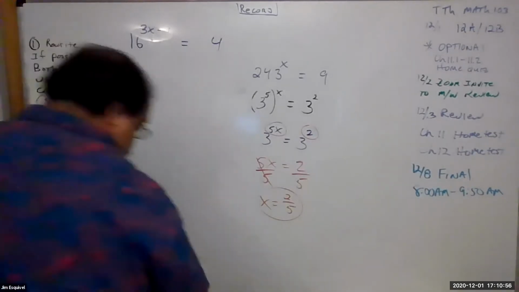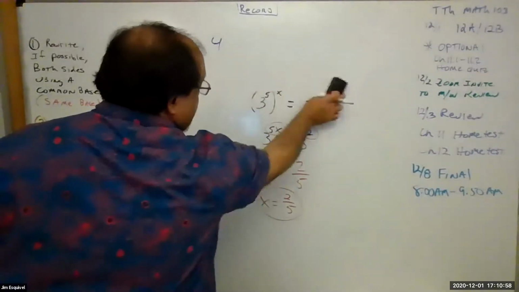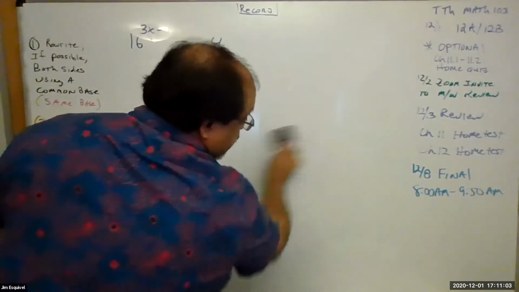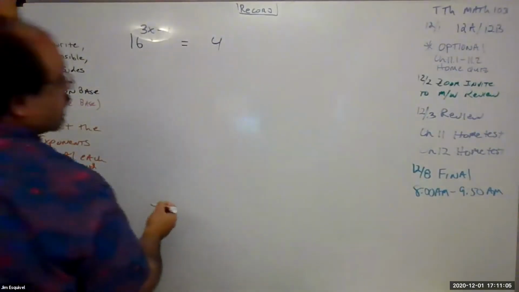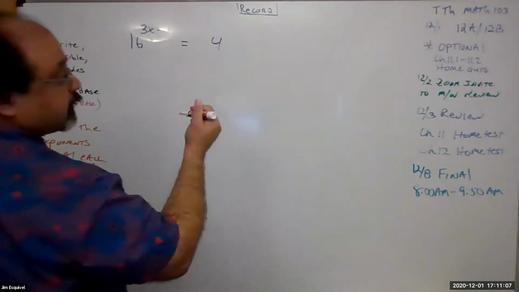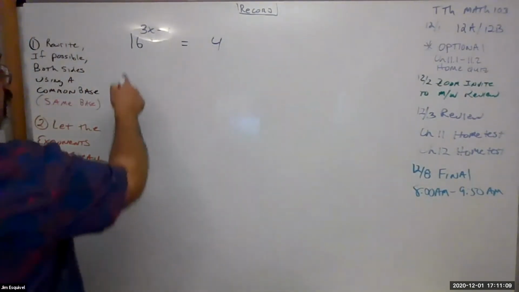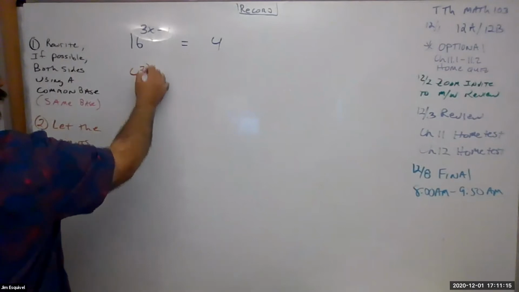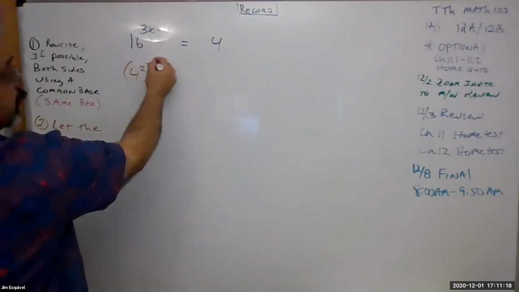2 would work, but if you use a smaller base, you have bigger numbers to deal with. I'll show you. I'm going to do the 4 first. If I use 4, then 16 is now 4 squared. 4 squared to the 3x minus 1.